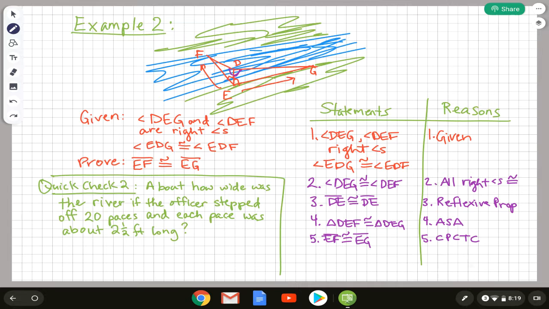So how would you figure that out? He took 20 steps from E to G, and he's estimating that E to F is the same. For each step that he took, it was 2.5 feet long. So I would just multiply the 20 times the 2.5. And it's going to end up being 50 feet. So it was about 50 feet from where he started to where he stopped at G.